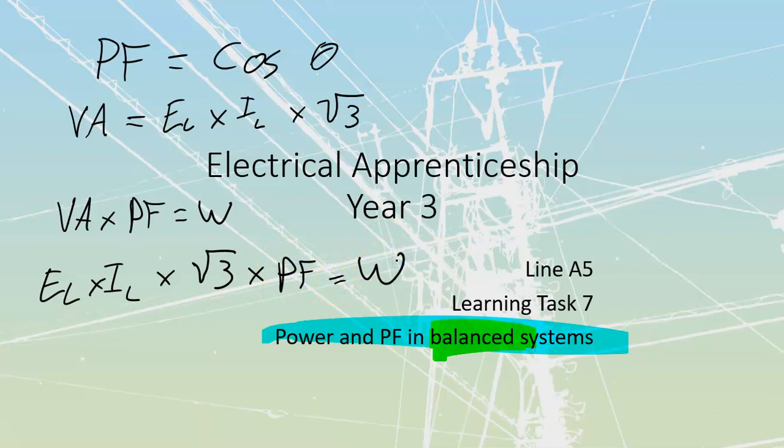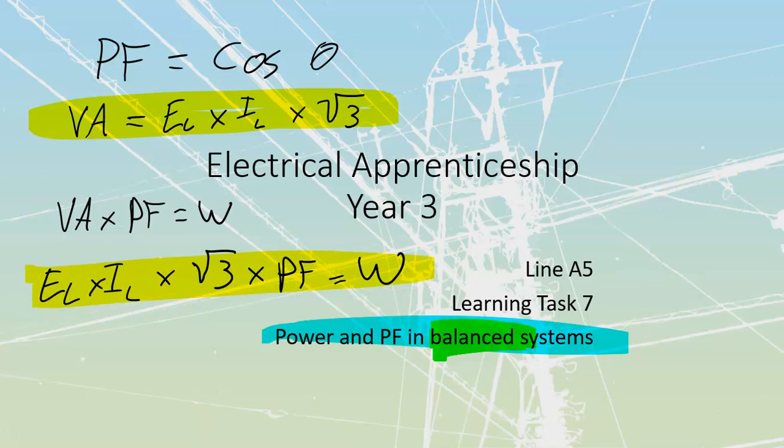And they go through 2 different steps on the Y-connected systems and delta-connected systems inside of your module over here, showing where the calculations come from, but ultimately they end up at these 2 formulas. And they say these 2 formulas are going to work for Y or for delta. Watts, E line times I line times root 3 times the power factor.